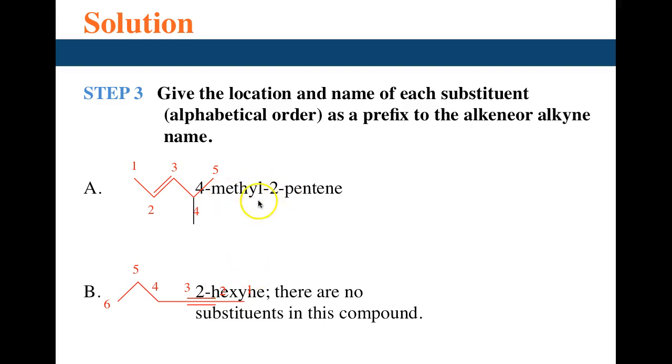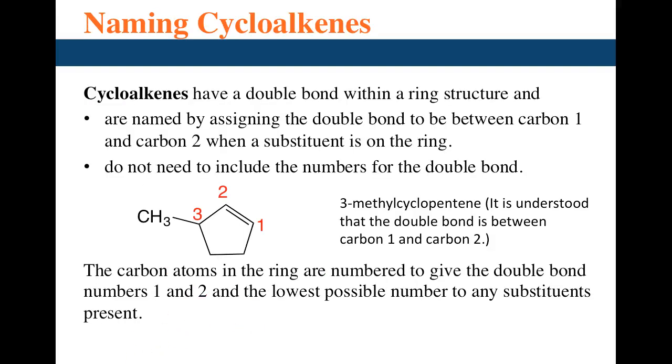So 4-methyl-2-pentene, and then oops, this is carbon 1, so 2-hexyne. I apologize. It's between carbons 2 and 3, the triple bond, so 2-hexyne. And there are no substituents on this one.